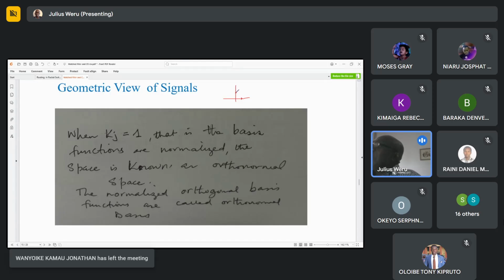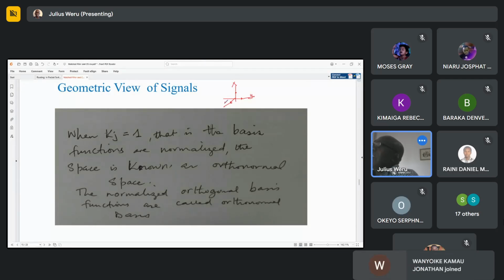This is simply 1, because they are orthogonal, but then they are normalized. So this will be orthonormal basis, and probably also in the y direction, in the z direction like that.